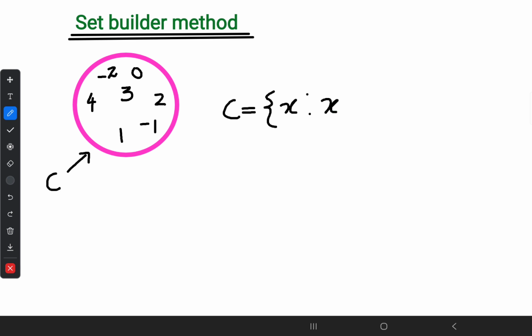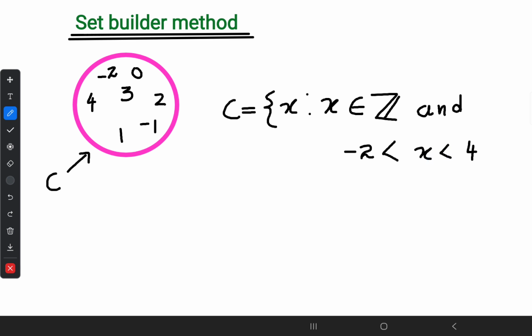So the first characteristic of the solutions for this set C: x is, that means all the solutions are denoted by x, x is an element of the integers, because all the answers are integers, no? That's why we are using capital Z. Capital Z is denoting integers. So all the values are integers. That is the first identification. And next, there is a range. So you should denote that range as well. Starting from -2, ending at 4, in between our values are located.